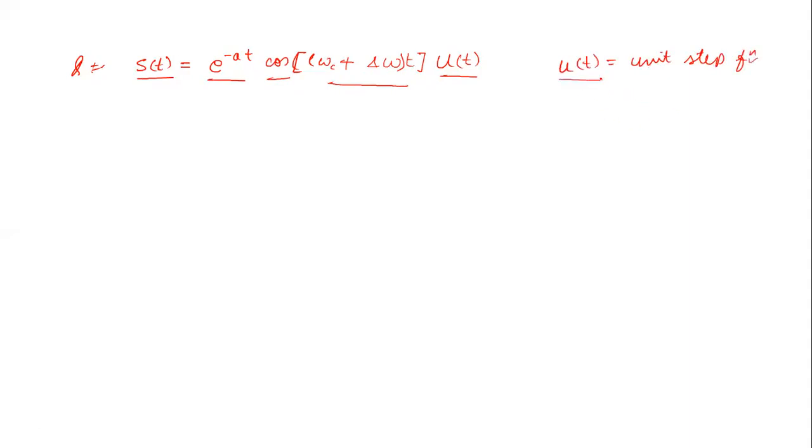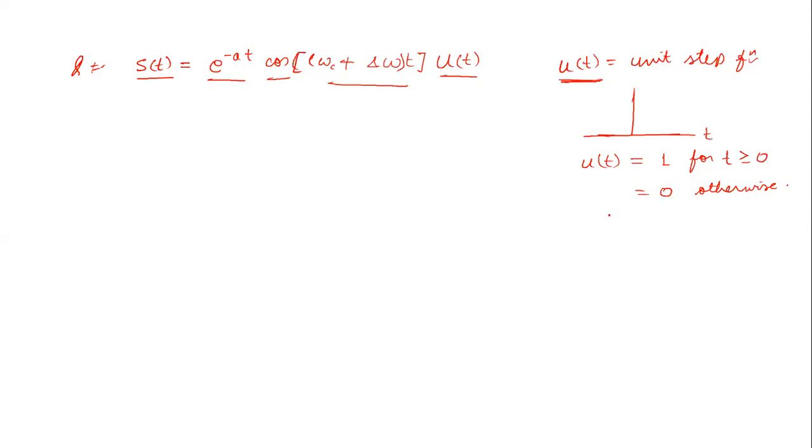Where does it exist? u(t) is equal to 1 for t greater than or equal to 0, and is equal to 0 for t less than 0, otherwise. Okay, is it correct?